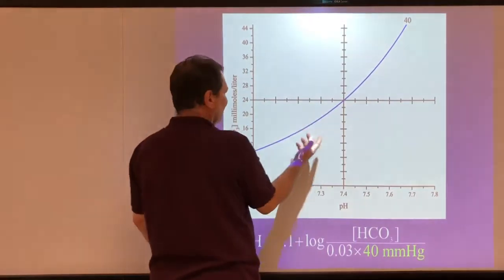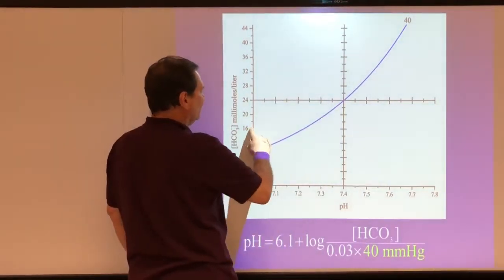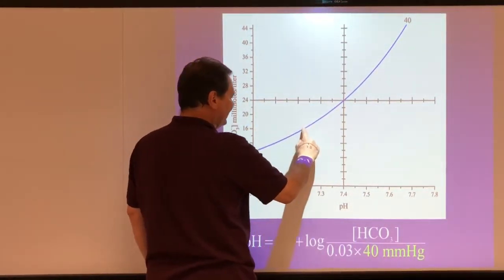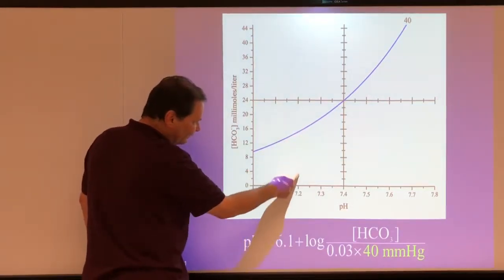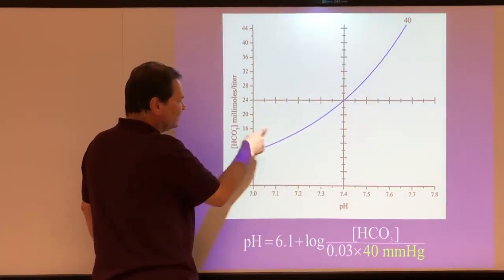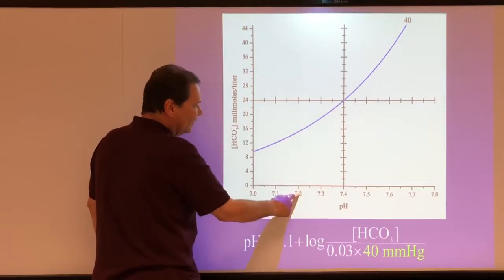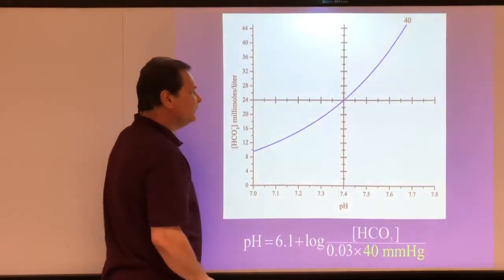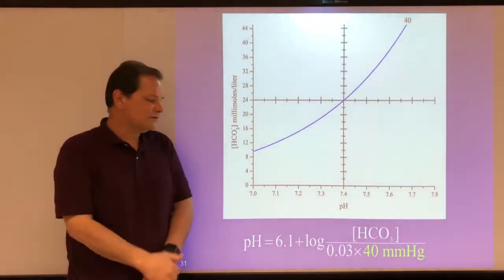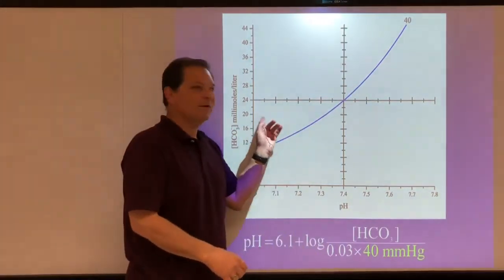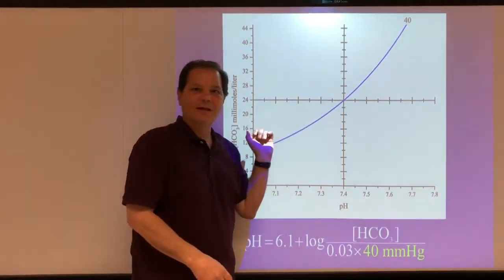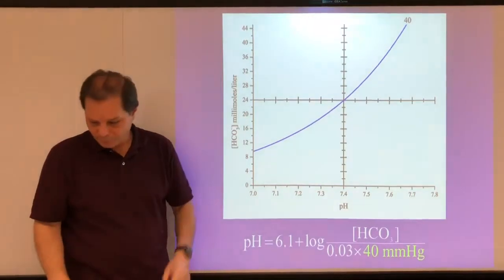So if I'm at 40 millimeters of mercury PCO2 and my bicarb is at 16, my pH is roughly 7.2. And you can actually look at that and see that on the graph, okay? So you can do that for any bicarb concentration or any pH where you want to know the bicarb. You can just go up and down this line, all right?